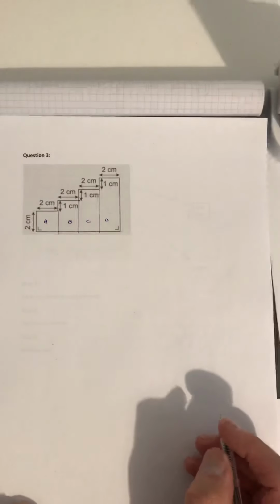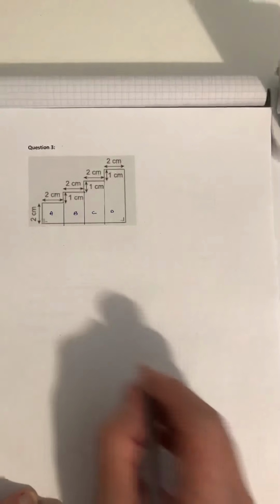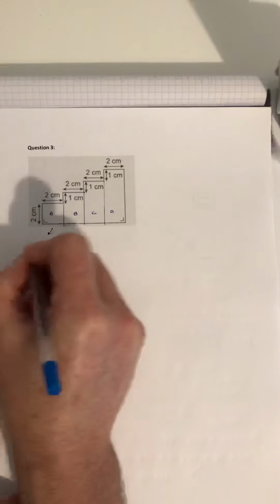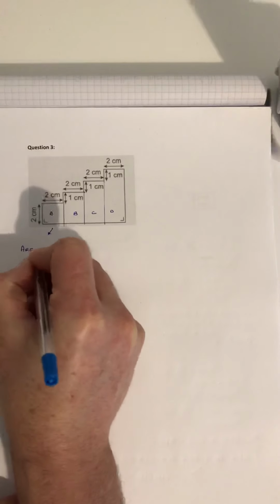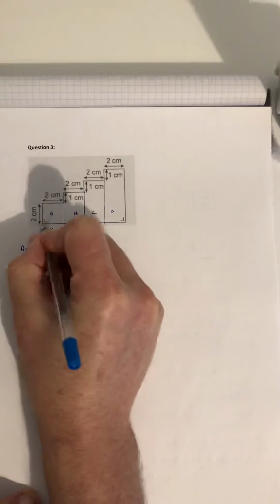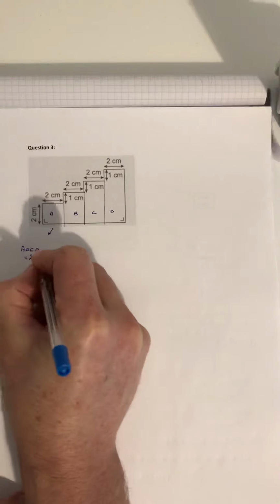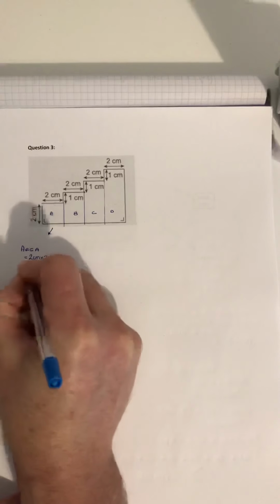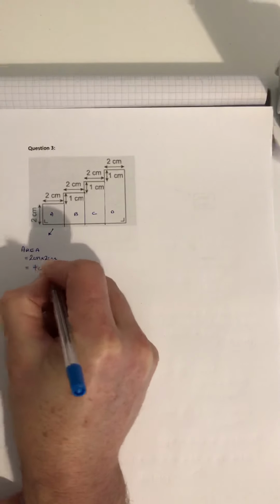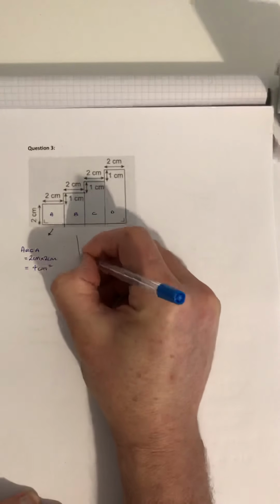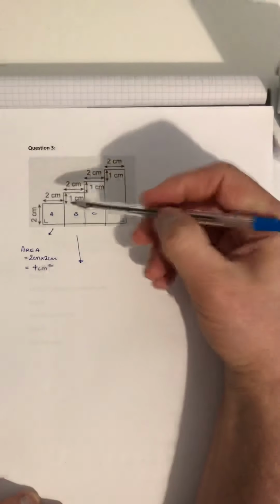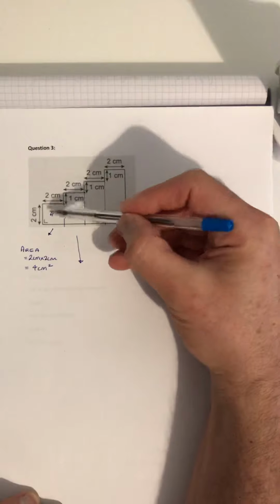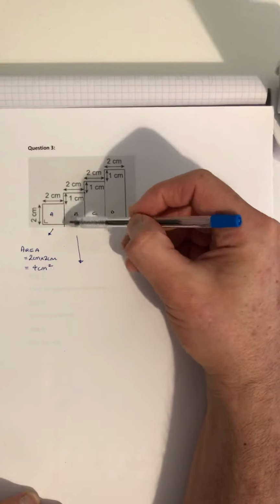So I'm going to find the area of four little rectangles. The first one: area is length by width, so 2 centimeters by 2, which gives me 4 centimeters squared. B is going to be, well, we're adding on 1, so 2 plus 1, this will be 3.